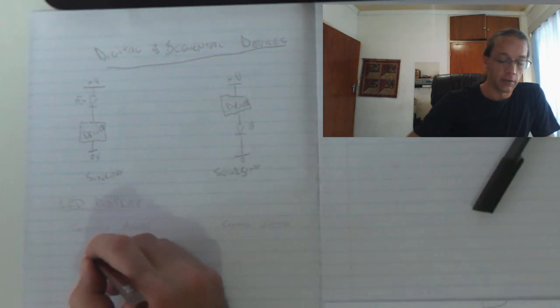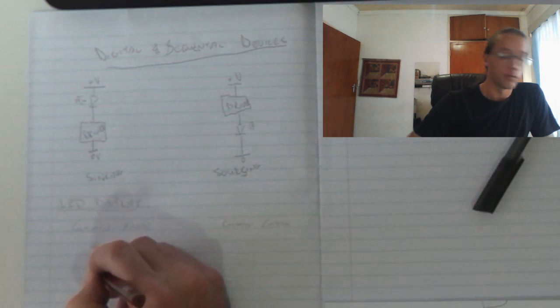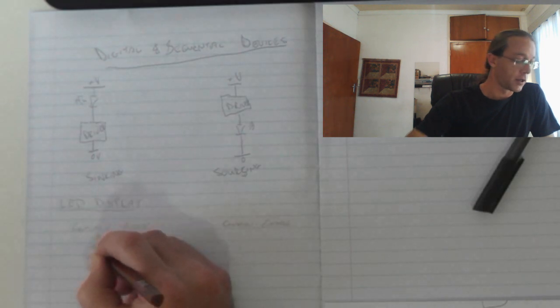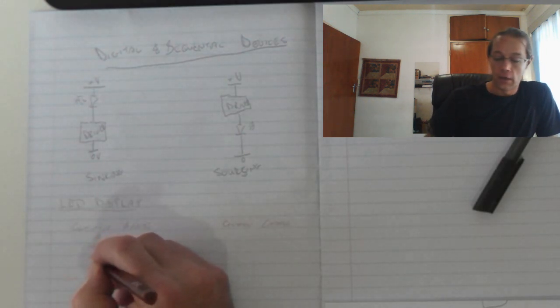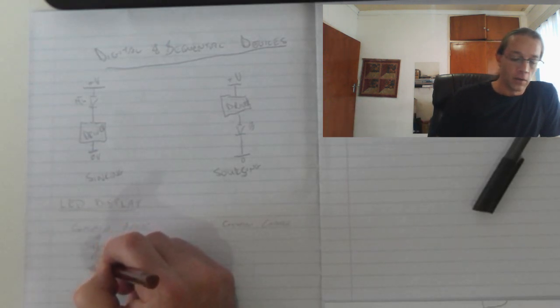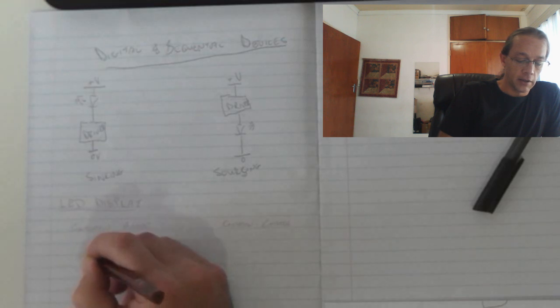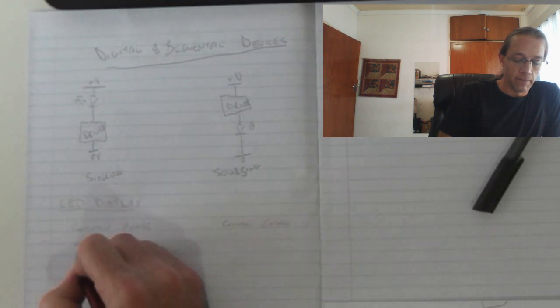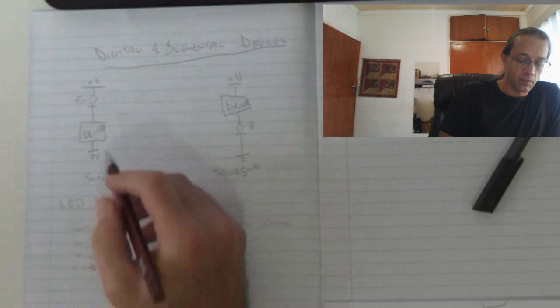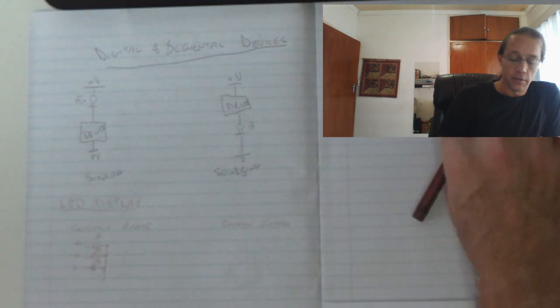Common anode has all the LEDs connected in such a way that their anodes form a common point, and then these points A, B and C will then connect to my driver, which will then turn it on or turn it off.